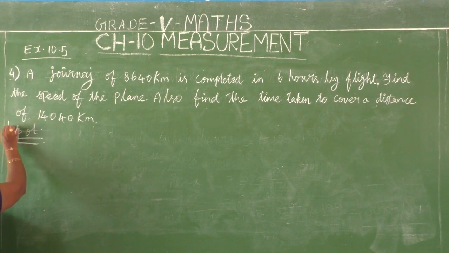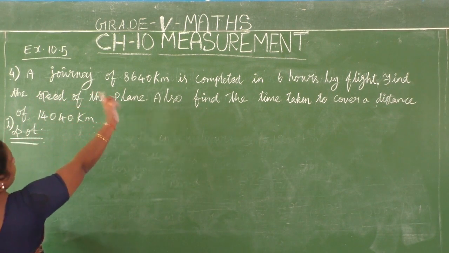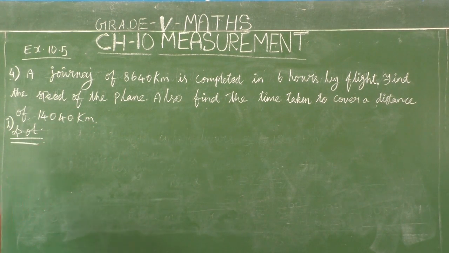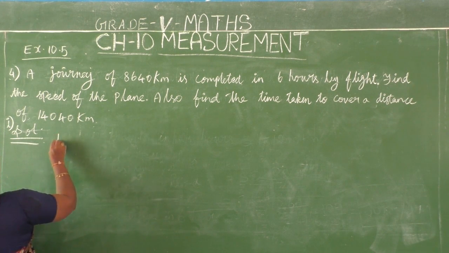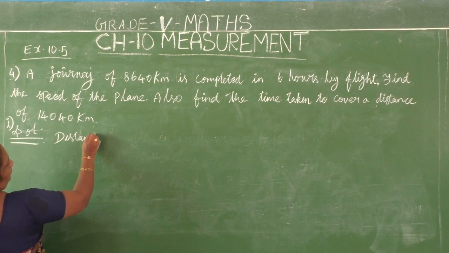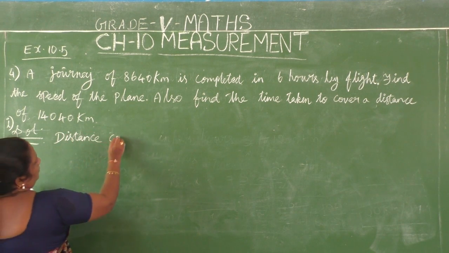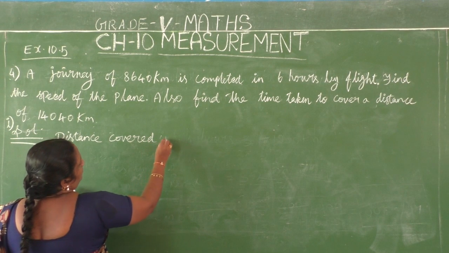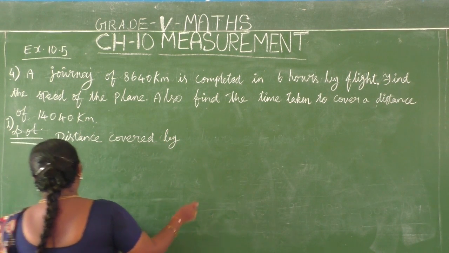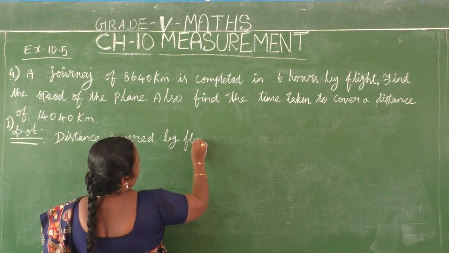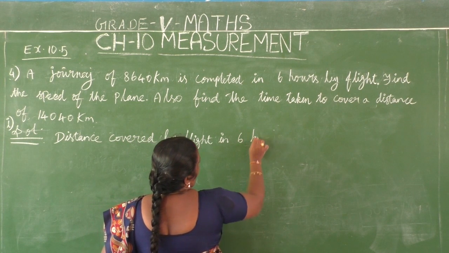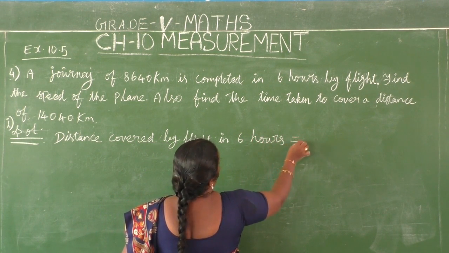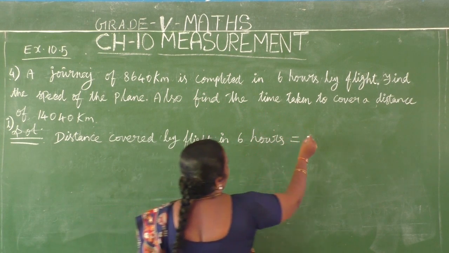So first question, because they are asking two sub questions here. For the first one we are going to find the speed. First we are going to find the speed. Okay. So distance covered by flight in 6 hours. What's the distance? 8,640 kilometer.